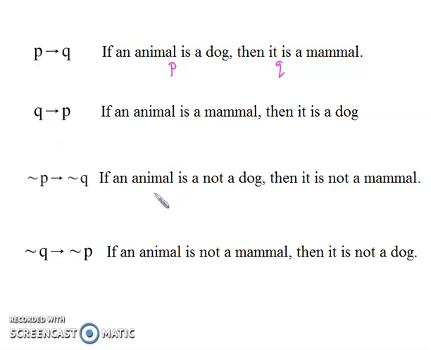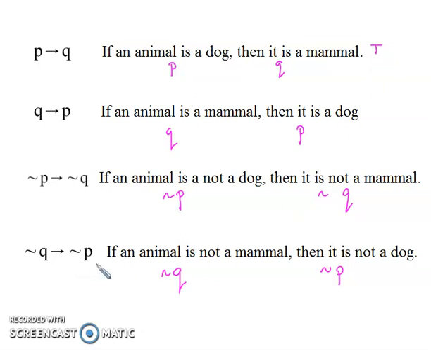And then the inverse, which is our third statement here, we simply negate P and Q and keep them in the same order. So we have not P and then not Q. And then for the contrapositive, we have not Q and then not P. And once again, if an animal is a dog, then it is a mammal, that is true.